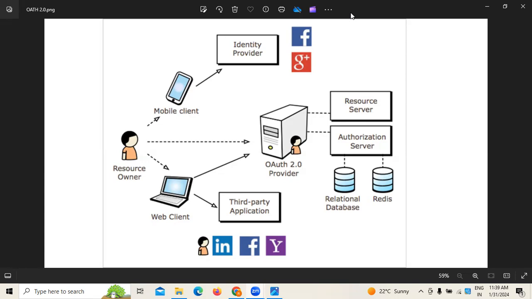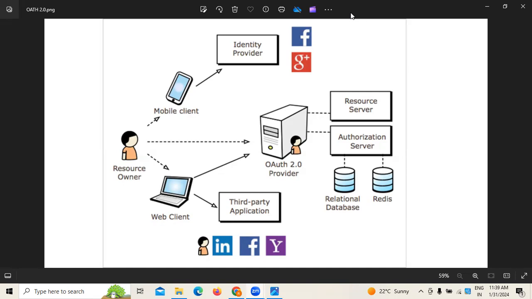and if they require any protection, this is where the resource server comes into the picture, because the next role is called resource server.